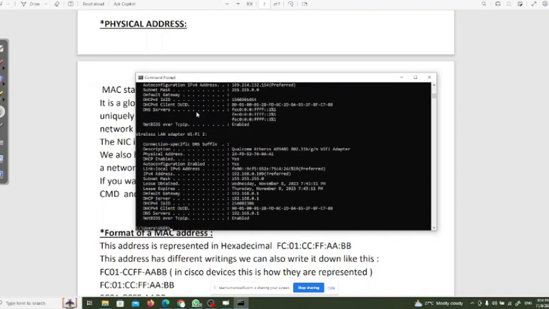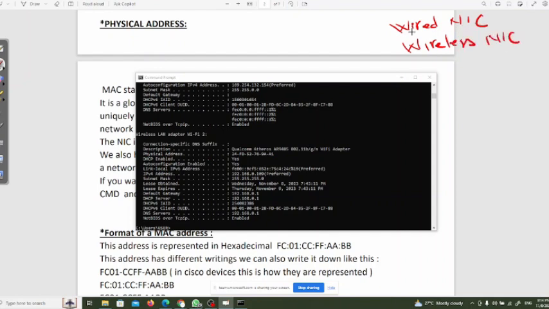Right now I'm using my wireless network interface card. That one too I will explain. We have two different types of network interface card: the wired network interface card and the wireless network interface card.